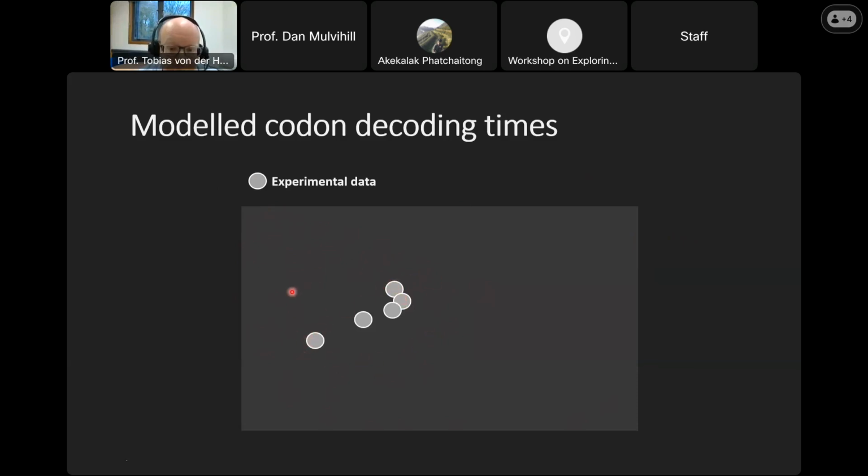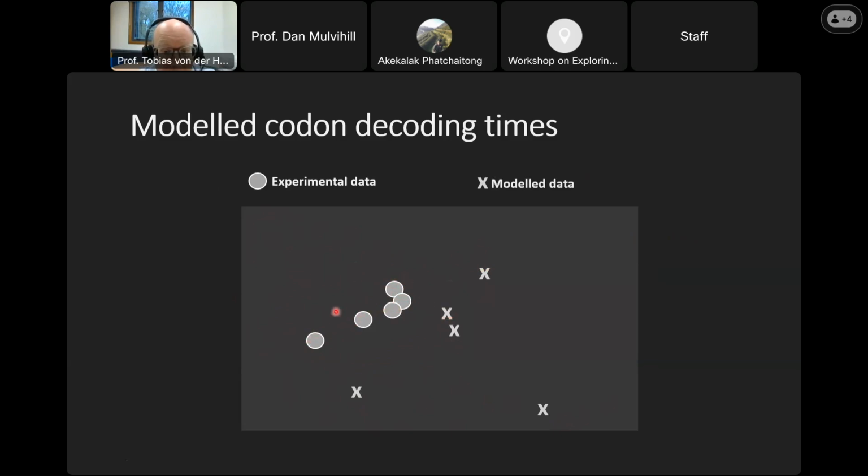And so these are the 5 experimental data sets for codon decoding times. And one of the things you can see is that there are 3 data sets that are quite similar to each other, and 2 data sets which are less similar. And if we then predict codon decoding times using the different tRNA data sets, we get these points here, and again, they're all showing different results.